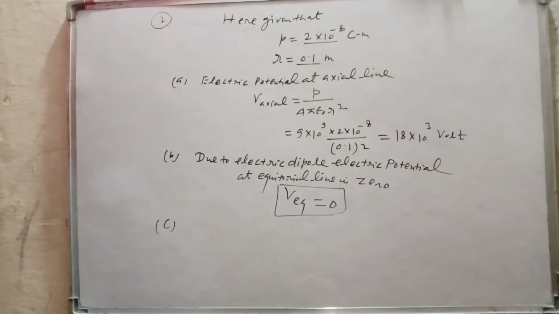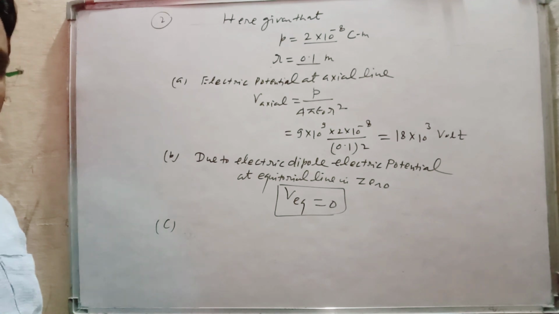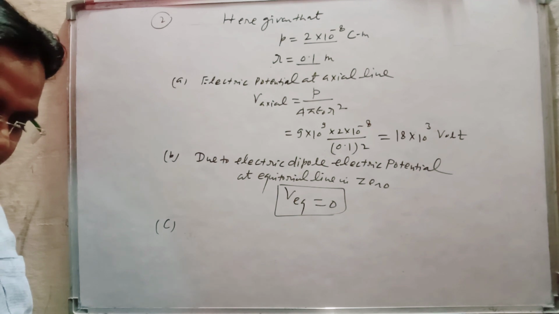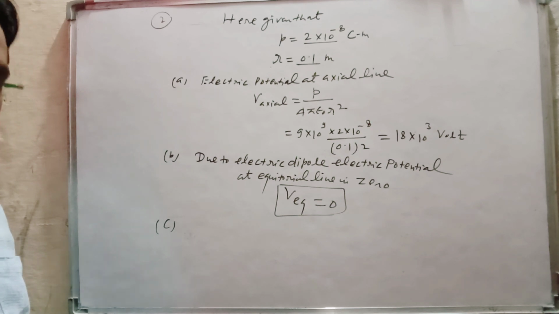And the third one, we have to find the electric potential at a point that lies on a line making an angle of 60 degrees with the axis of the dipole. Here we use the expression for electric potential at any point.